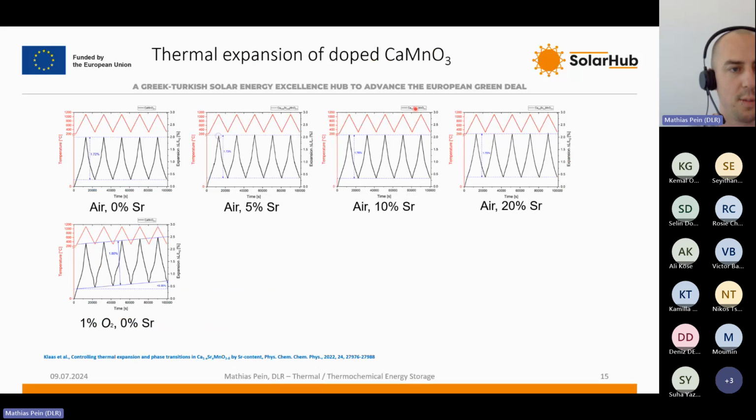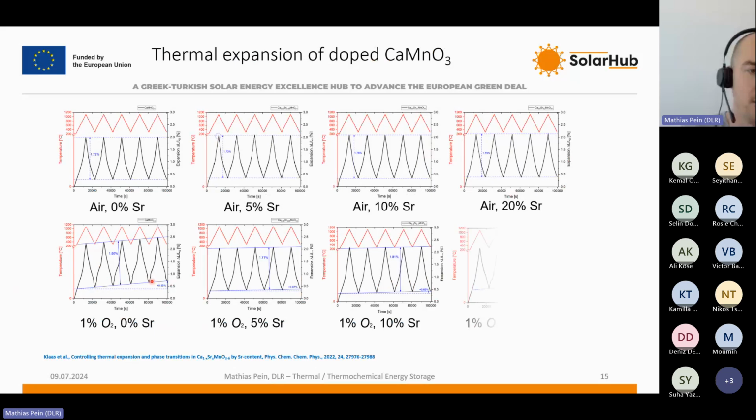Where you can see in air the expansion and contraction is perfectly reversible for each of these compositions, but under reduced oxygen atmosphere, for the pure calcium manganese oxide, there still is a permanent expansion per cycle.